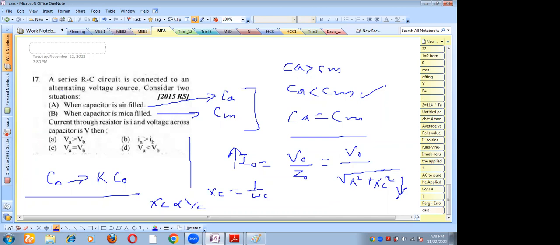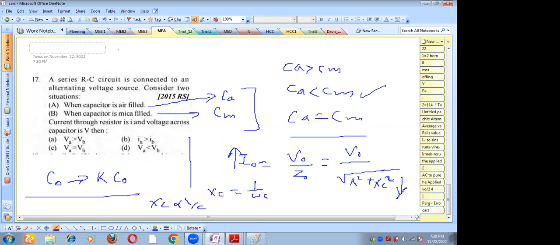So if I naught increases, obviously current will increase. So this option is not correct. Current should be more when the capacitor is filled with mica.